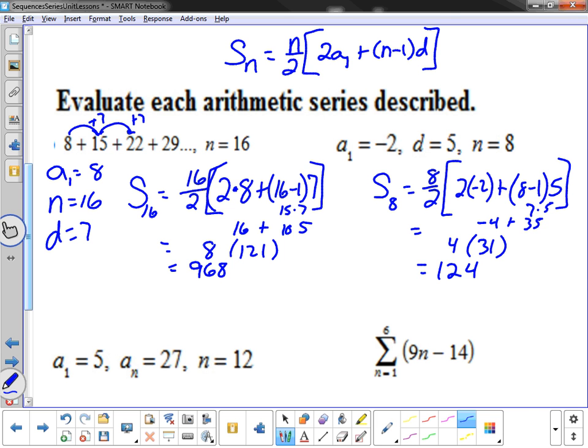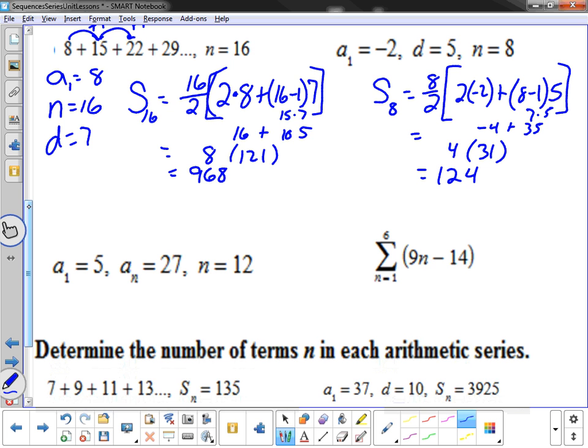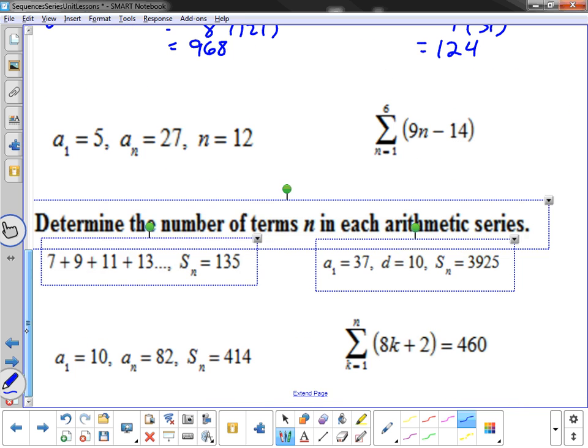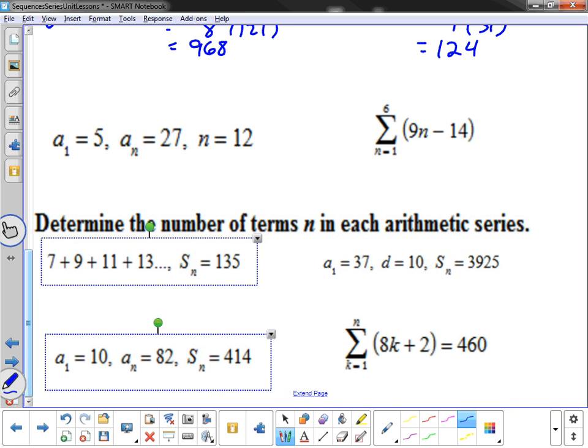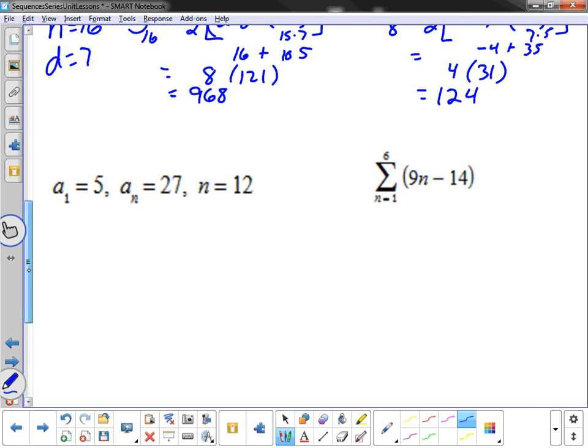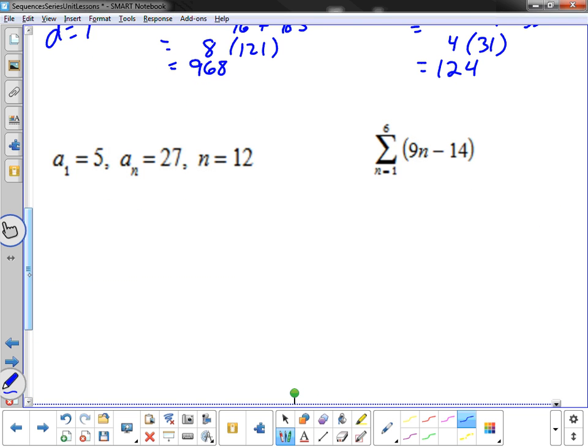Now, let's take a look at this third problem. I've got to move this other stuff down. Didn't give myself enough room. So this problem, I got a sub 1, I got an a sub n, and I got an n. That looks a lot like that other formula where S sub n was n over 2 times first term plus last term.